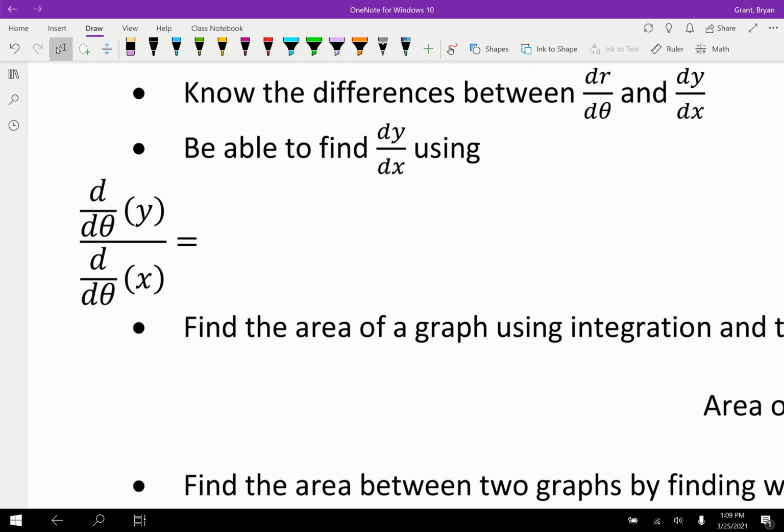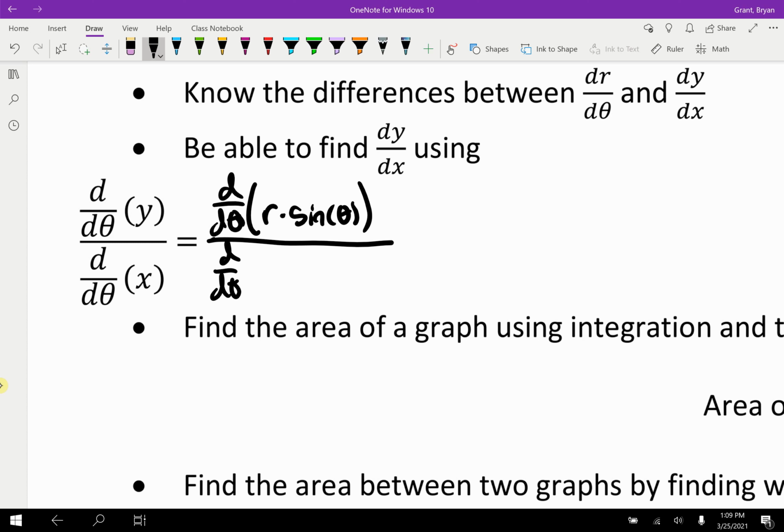But if you're asked to find this, then you need to remember a couple things. First, you need to remember how to convert between polar and rectangular. In particular, y is r times the sine of theta, right? Sine's in charge of the y-axis. Divided by d theta, how do we convert x? Well, that's r times the cosine of theta.